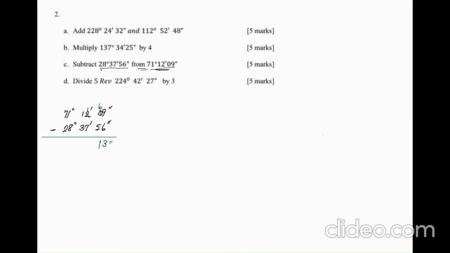Now, similarly, I now have 11 minutes minus 37 minutes. That can't happen. So I have to borrow 1 degree. So I'm going to be left with the 70 degrees there. But now instead of having 11, I'm going to have 11 plus 60 because I borrowed a degree, which is 60 minutes. So 11 plus 60 is now 71.